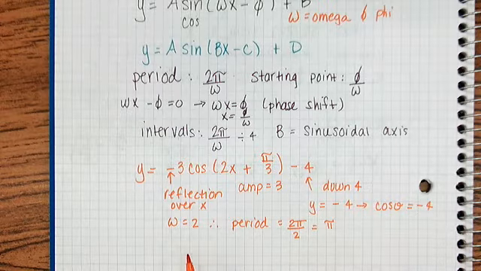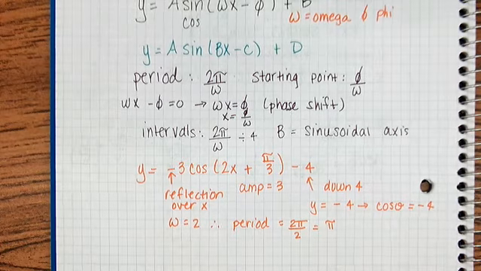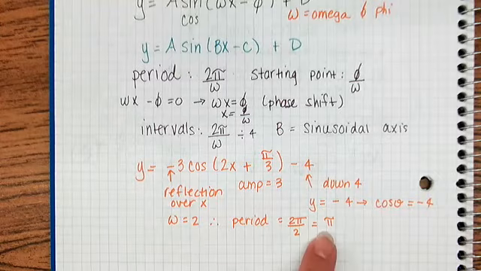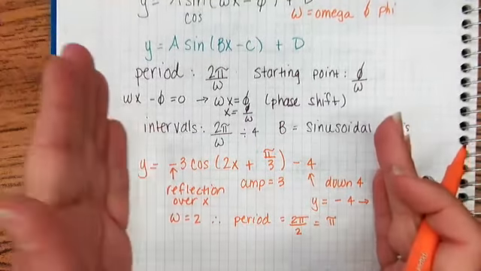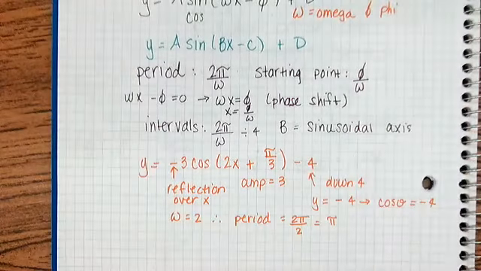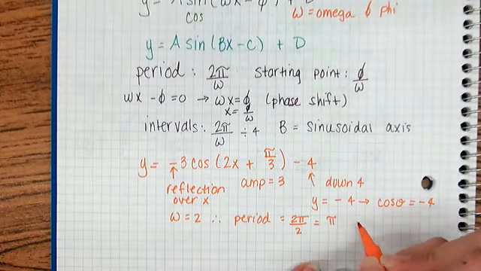Omega is 2. I'm sorry, I may have said that wrong. All right, so if the period is pi, then my intervals, the period, the length of one cycle from beginning to ending, from start to finish, that's pi. My intervals are going to be pi over 4.